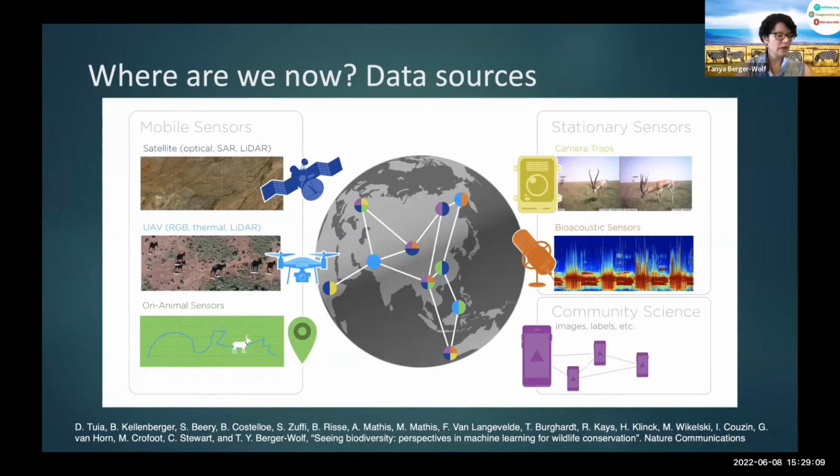Not only the type of technology, but also within each type, the type of drones that are used, the type of data collected from drones, the types of sensors, on-body sensors, the environmental sensors, and so on. And increasingly, yes, community science with images and labels.